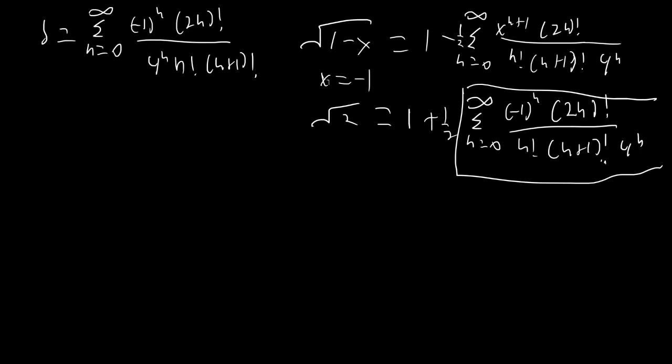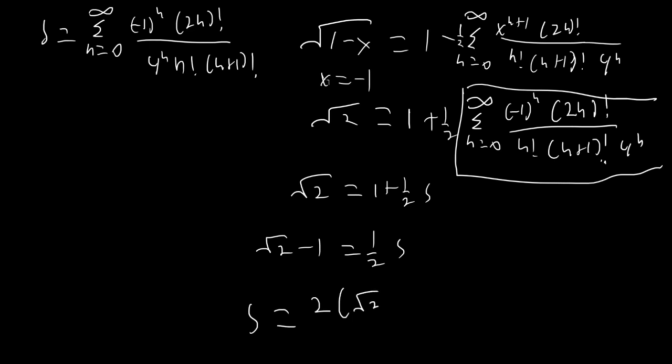So we can write that square root 2 equals 1 plus 1/2 s, which means that square root 2 minus 1 equals 1/2 s, and s equals 2 times square root 2 minus 1. This means that I equals pi over 2s equals pi times square root 2 minus 1.